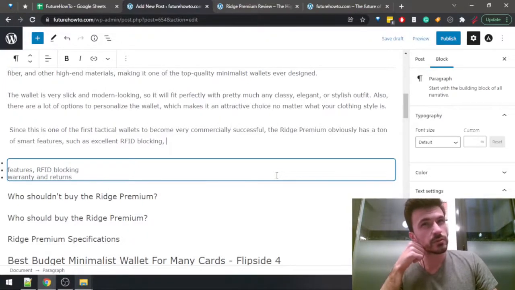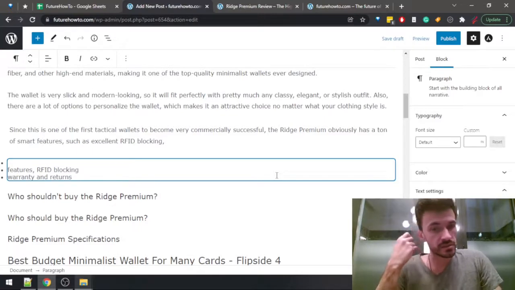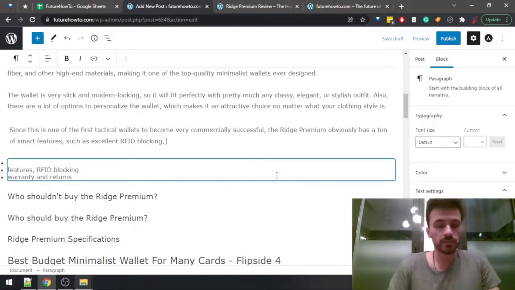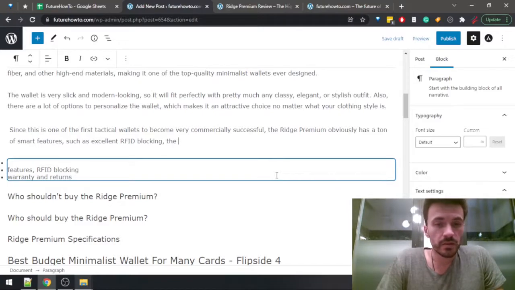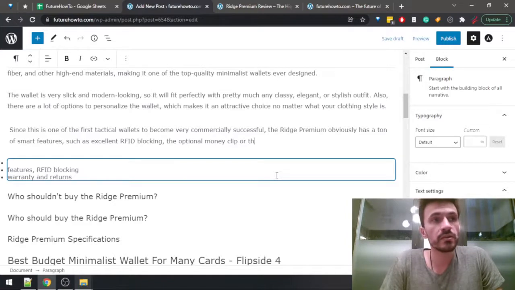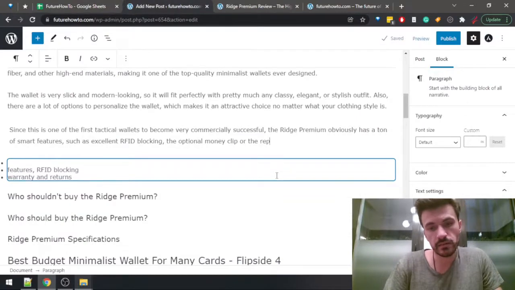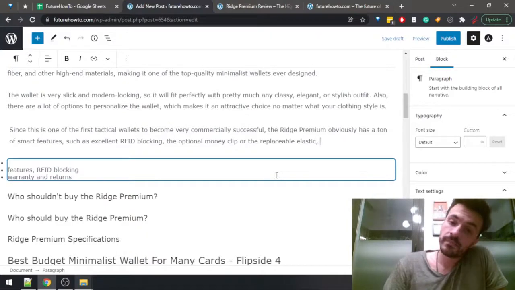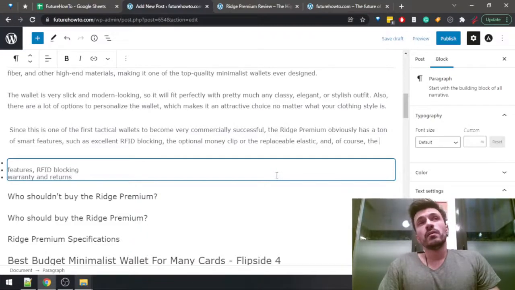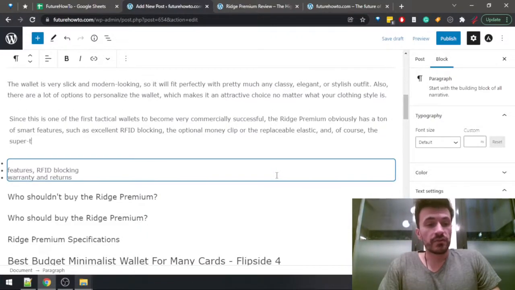I don't think people usually get both, so let's just say such as excellent RFID blocking and optional money clip or the replaceable elastic, and of course the super tough build and the quality level in general.